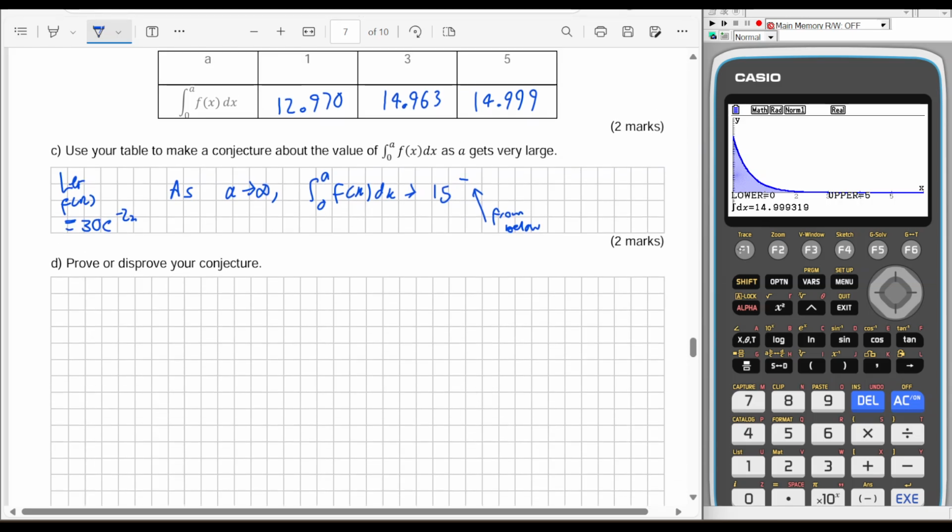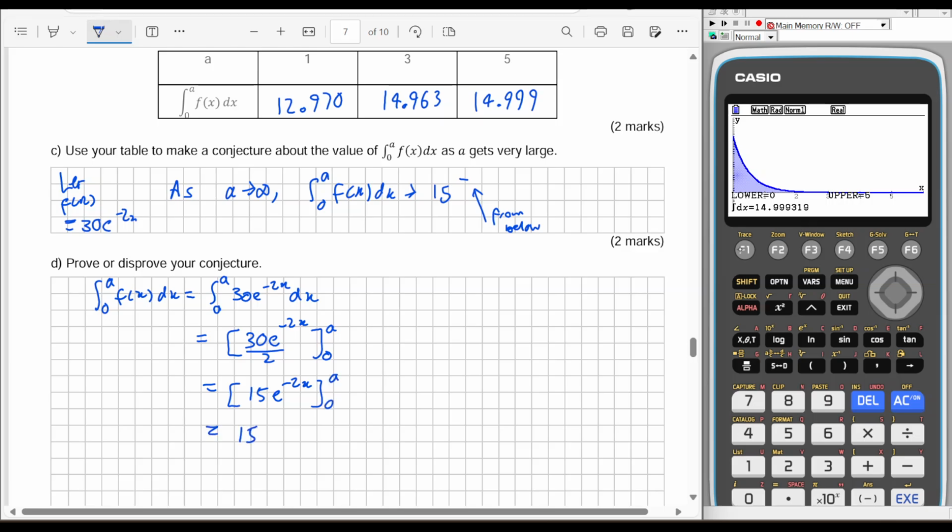Prove or disprove your conjecture. So the integral from 0 to a of f of x is the integral from 0 to a of 30e to the minus 2x. That's going to be 30e to the minus 2x over 2 is the antiderivative. The 2 comes from the number with x. So that is 15e to the minus 2x from 0 to a.